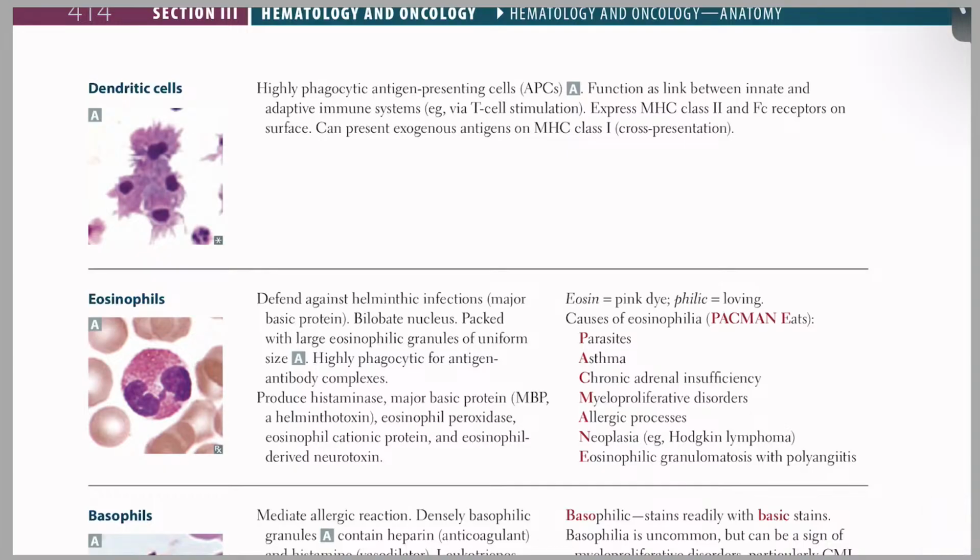Dendritic cells, highly phagocytic antigen presenting cells, APCs, shown in image A, function as link between innate and adaptive immune system, that is via T cell stimulation. Express MHC class 2 and Fc receptor on surface, can present exogenous antigen on MHC class 1, cross presentation.